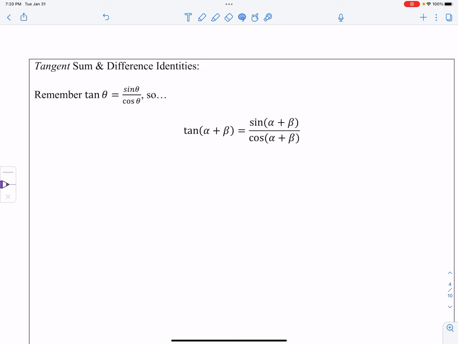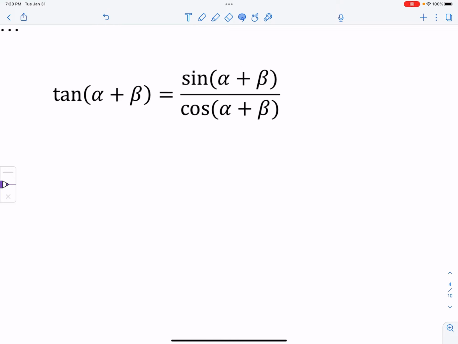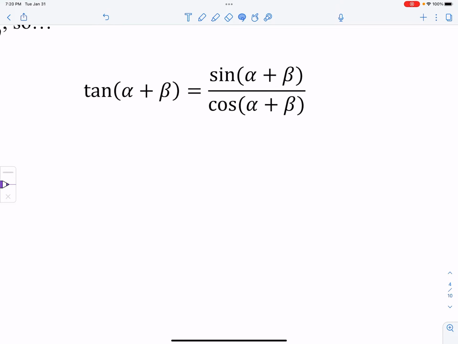So for tangent, we're going to remember that tangent is equal to sine over cosine. So that means that tangent of alpha plus beta is equal to sine of alpha plus beta over cosine of alpha plus beta. Well, then we can use the angle sum identity for both sine and cosine.